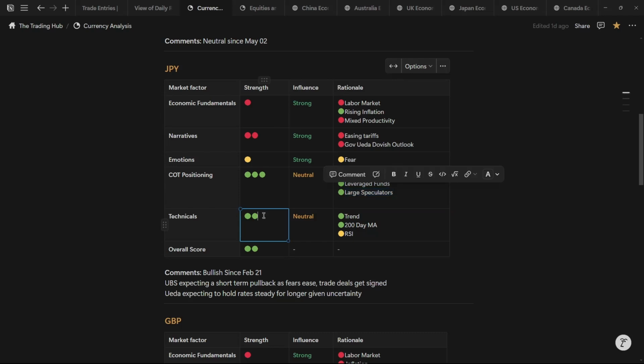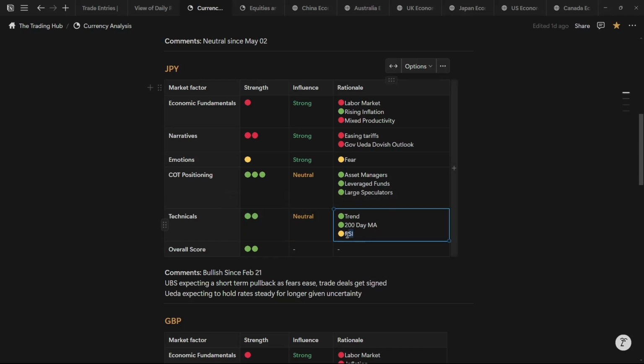And then you have technicals, and for technicals I'm planning to automate this in an even more advanced way. But at the moment, because I'm doing this manually, I just look at the trend on the daily time frame, and then I look at the 200-day moving average. If it's above both of these, then obviously it gets a bullish reading of 2. And then I look at the RSI.